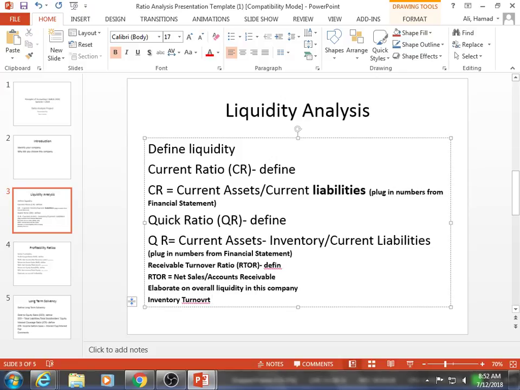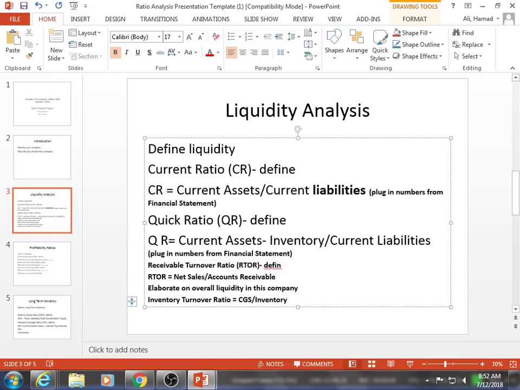Inventory turnover ratio. That's equal to your cost of goods sold divided by your inventory.